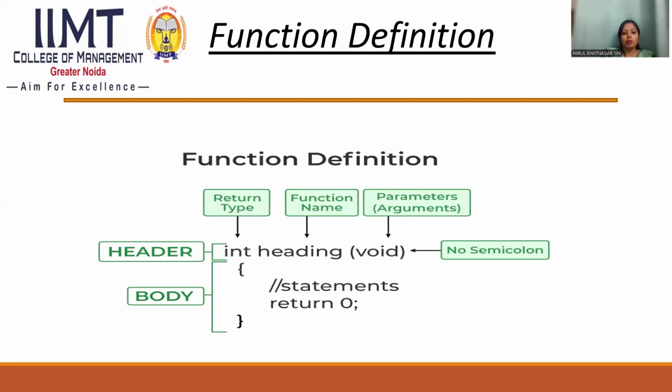Let me show you with the help of example. Here, a function declared is int heading. Int is a return type, heading is a function name, and void is a parameter. And in between of curly brackets, we write the body of the function or working of the function.